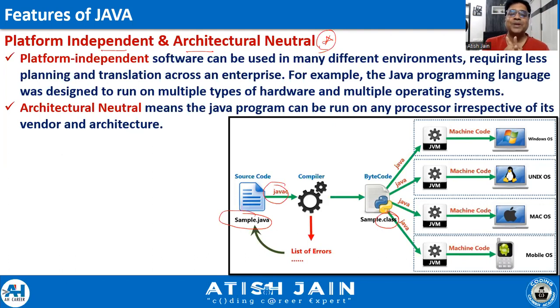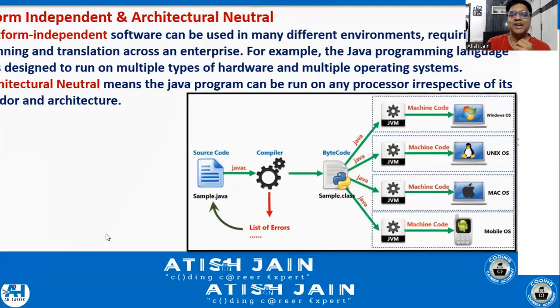Java is a platform independent programming language, but the question I'm asking is, is JVM independent or dependent? So guys, the answer is JVM is platform dependent. That's the reason for every operating system we have a separate Java Virtual Machine. So when JVM is platform dependent, it is able to make your Java platform independent. So your Java applications are platform independent because JVM is dependent. That is the answer you should understand.